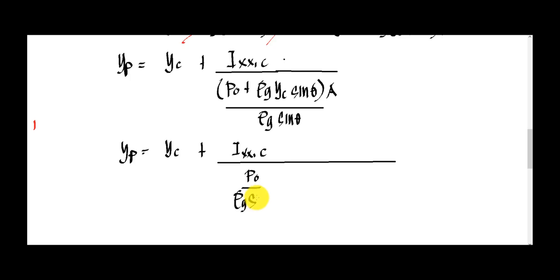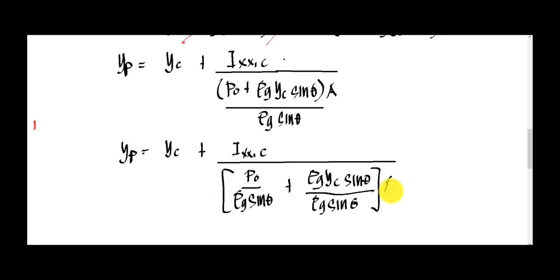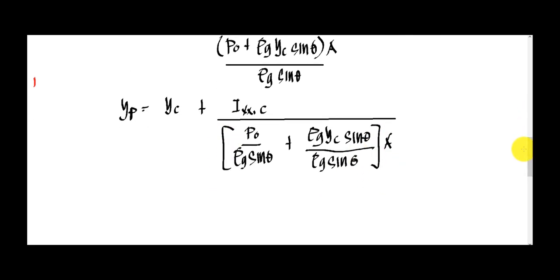So we have your density, gravity, sine of theta, then plus your density, gravity, YC, sine of theta, divided by your density, gravity, sine of theta, and this is multiplied by your area. So let's cancel what is common here.